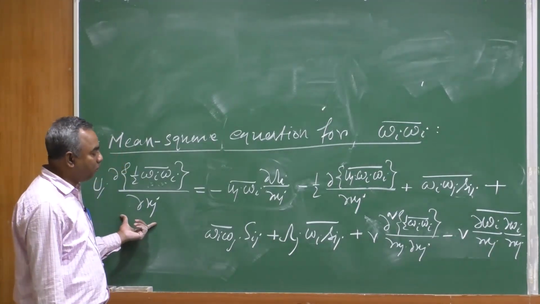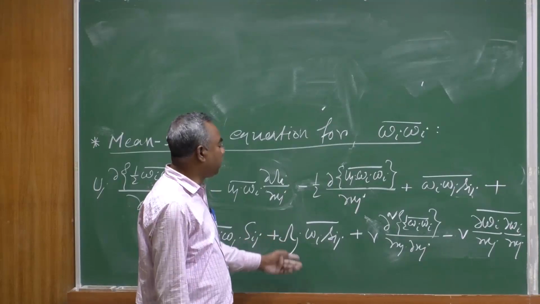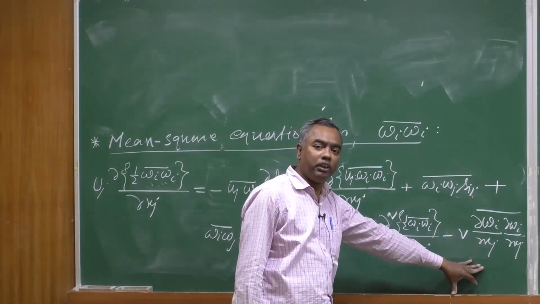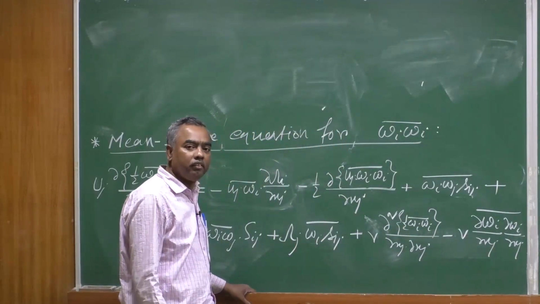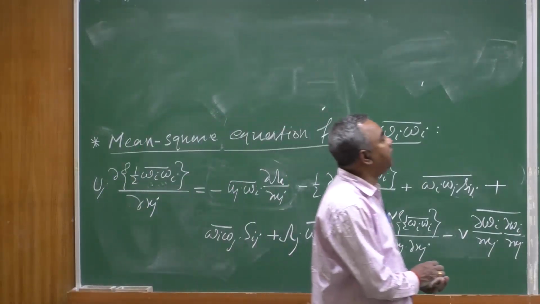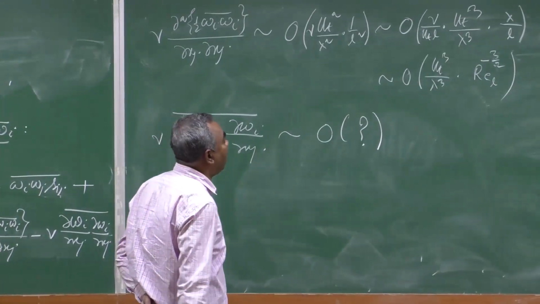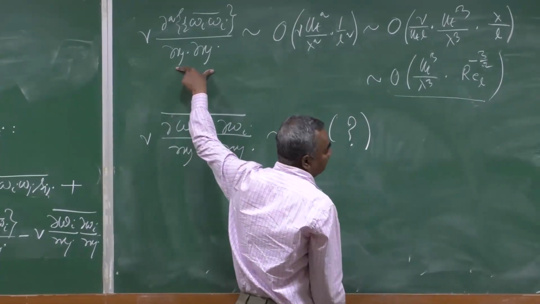For example, this term, this term, this term, this term, this term, this term. Since we do not know the order of magnitude of this term, we have to keep this term. But if we consider the Reynolds number to be very, very high, then this particular term is negligible.